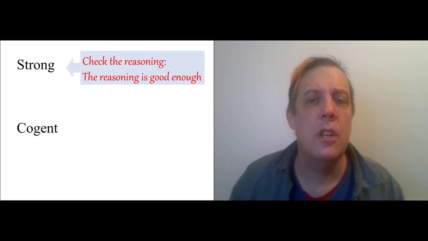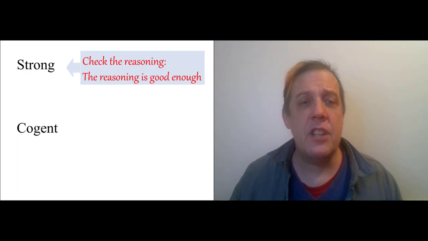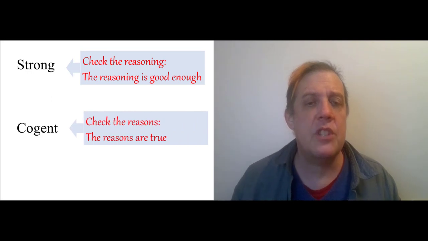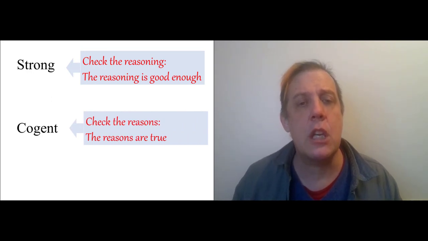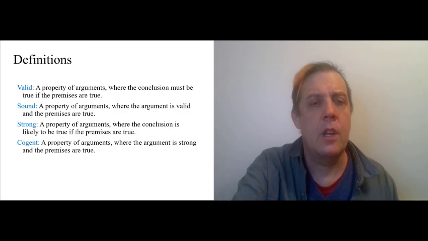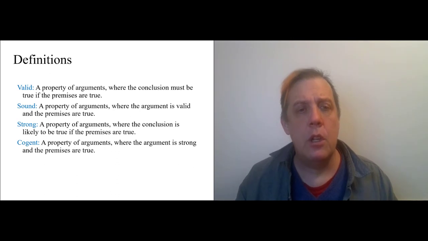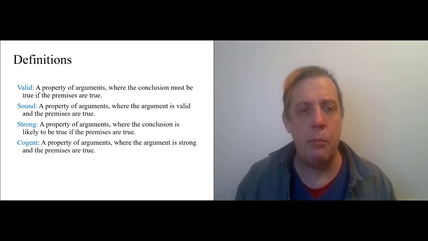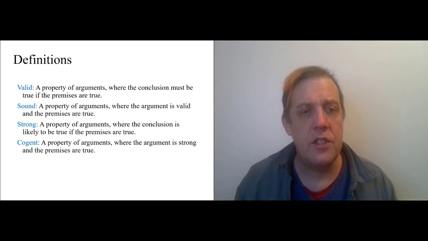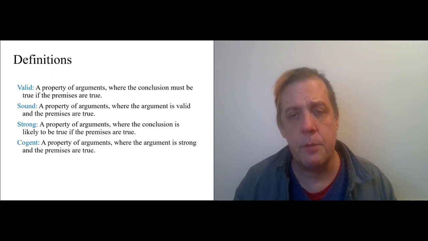In any case, we just say an argument is strong if the reasoning is good enough, and we say that the argument is cogent if it is strong and the reasons are true. So this is the full array of compliments you can pay an argument: valid, sound, strong, cogent. You need to know these terms.